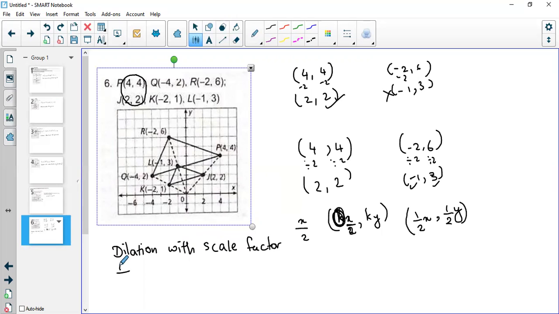Half, and center 0, 0. So you can write it like this, or scale factor you can show this also, no problem. If you have written dilation with scale factor half x, half y and center 0, 0, that's perfectly fine. Else you can simply say dilation with scale factor half and center 0, 0.